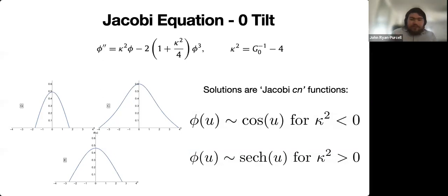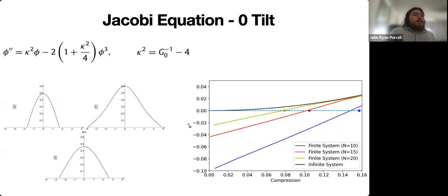The reason this is interesting is that these single peak symmetric solutions don't exist for all values of n. For example, in the graph on the right, we see that the n equals 10 system has a large region of compressions where the single peak solution has kappa squared less than 0. Remember, this is a representation of the compressive force exerted by the wall.